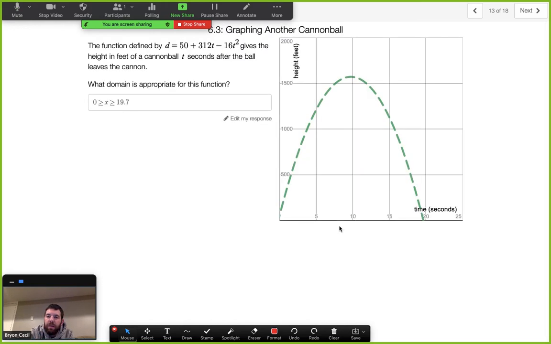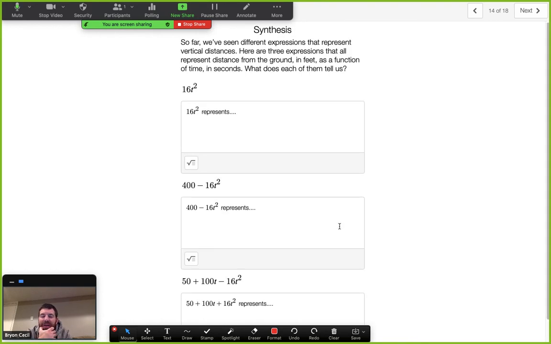Okay, I believe that was this one. So now, guys, so far we've seen the different expressions that represent these. Here are 3 expressions that represent distance from the ground in feet as a function. What do each of these tell us? Well, let's back up.